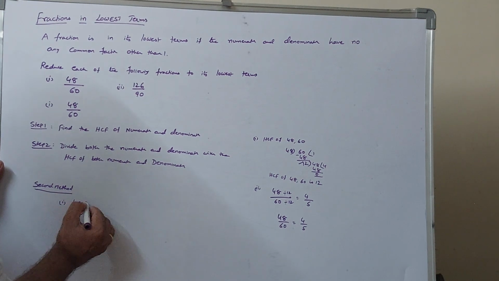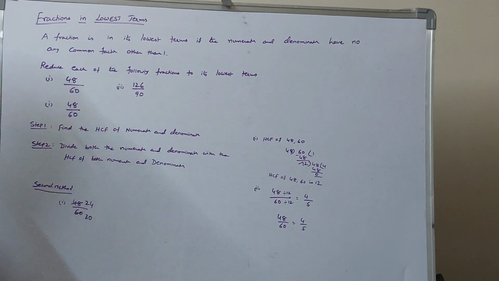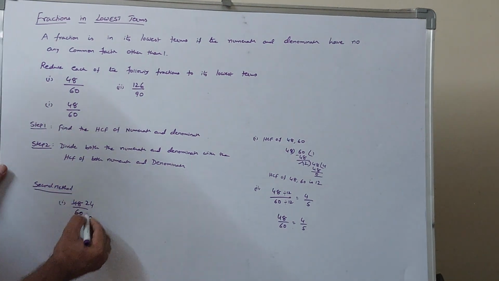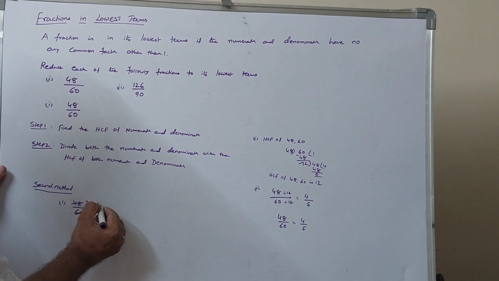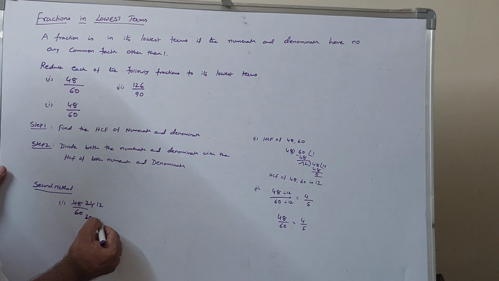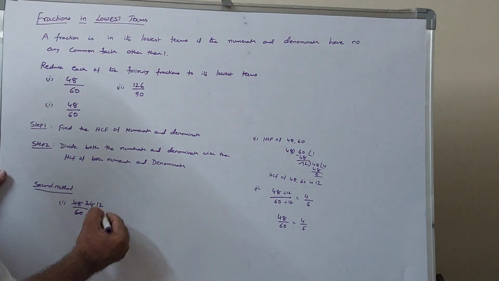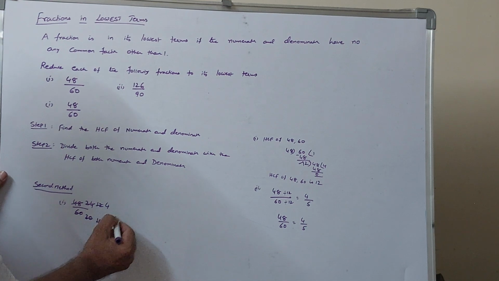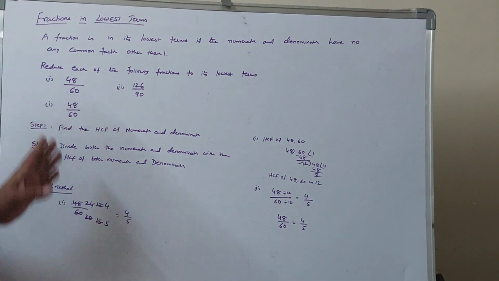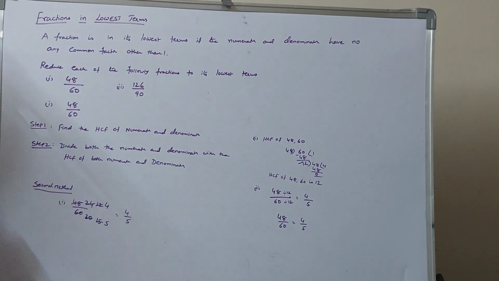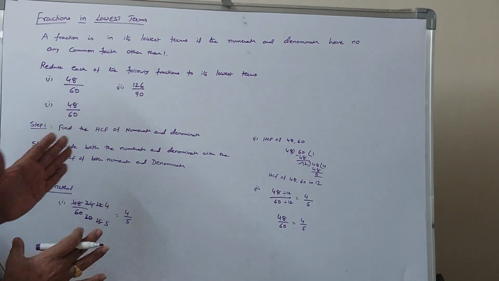So 2 twos are 4, 2 fours are 8... 24 by 30. Similarly, dividing with 2 again, 12 by 15. Again 3 fours are 12, 3 fives are 15. So what is it? 4 by 5. This is also one way of getting the fraction in its lowest terms.